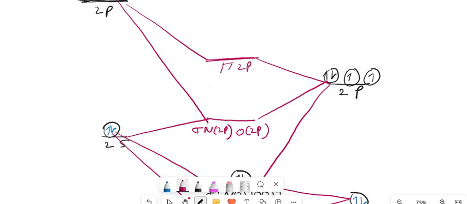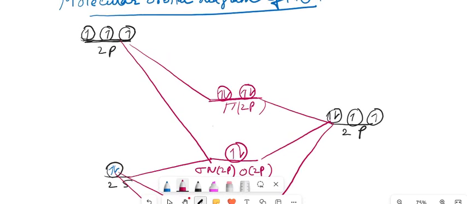Sigma N2p O2p, and pi 2p is somewhat higher in energy compared to this. Pi 2px, pi 2py, and sigma 2p each have 2 electrons.